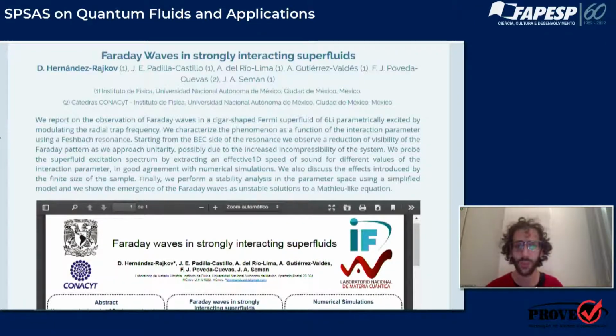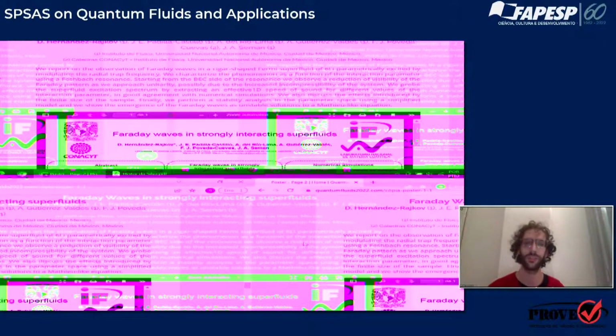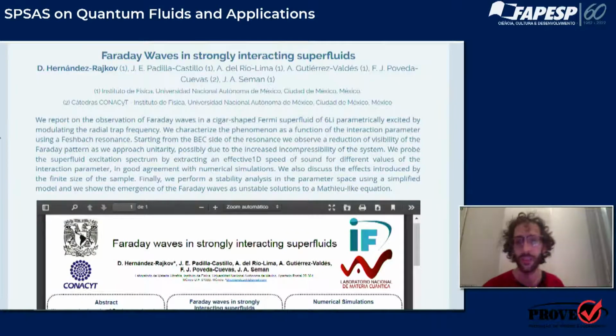And what we did to excite these Faraday waves is to excite a collective mode by parametrically changing the radial confinement of the cigar-shaped trap, where we have the superfluid.